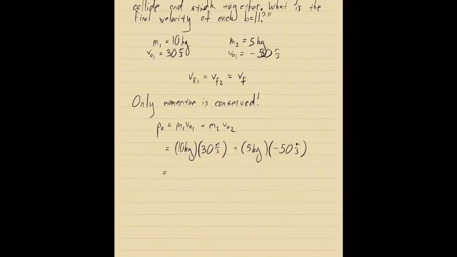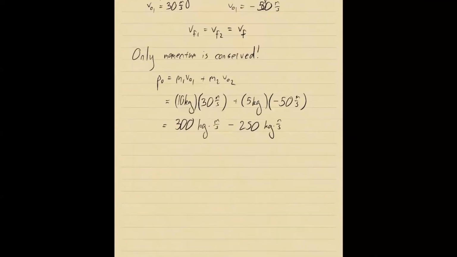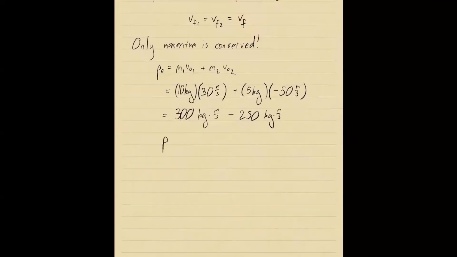This is 300 kilogram meters per second minus 250 kilogram meters per second, which gives us an initial momentum for our system, right before the collision, of 50 kilogram meters per second.